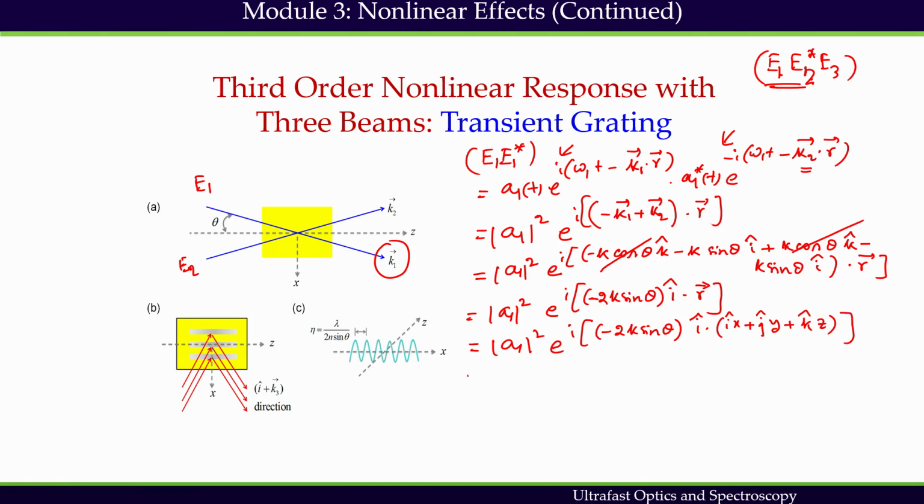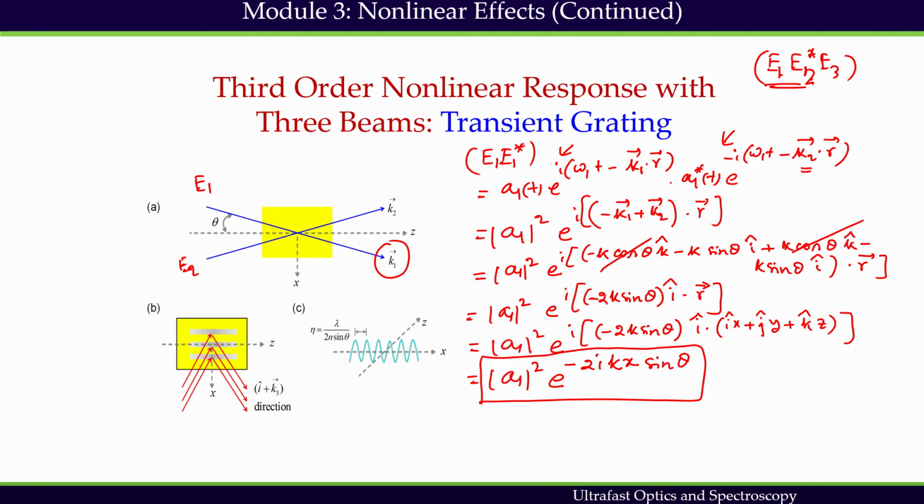We know that i dot i will exist, and the others will cancel out and become 0. That's why we can write e to the power minus 2i k x sine theta. So this is the term which we get finally as a result of the product of these two identical beams.